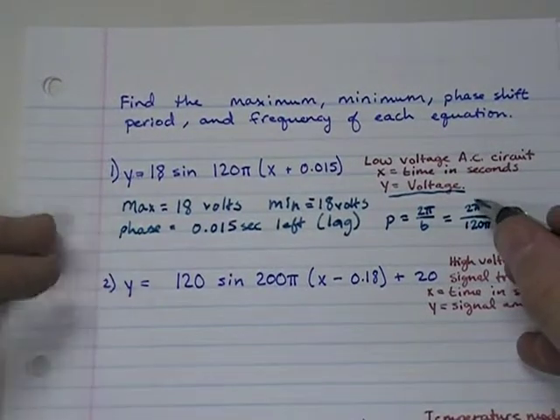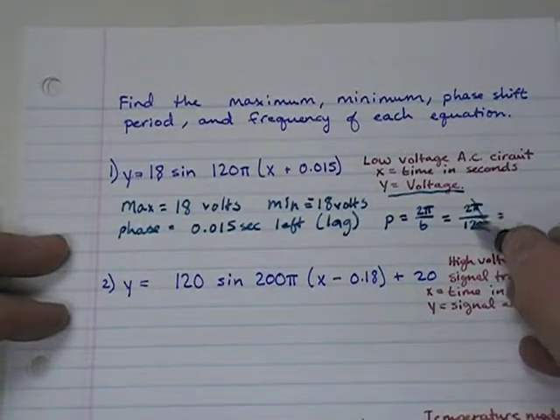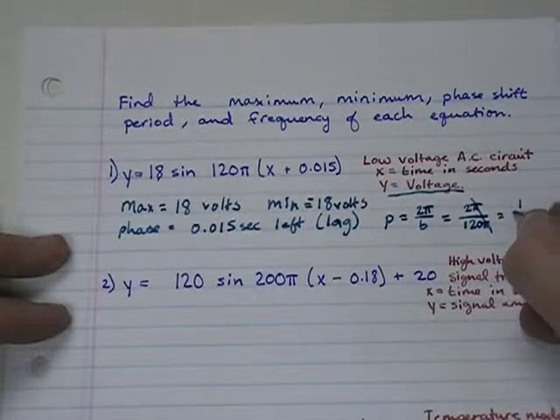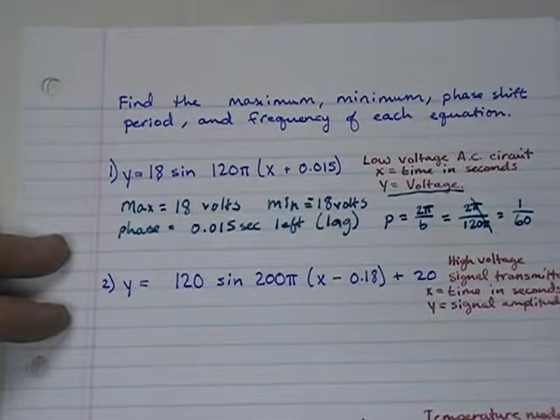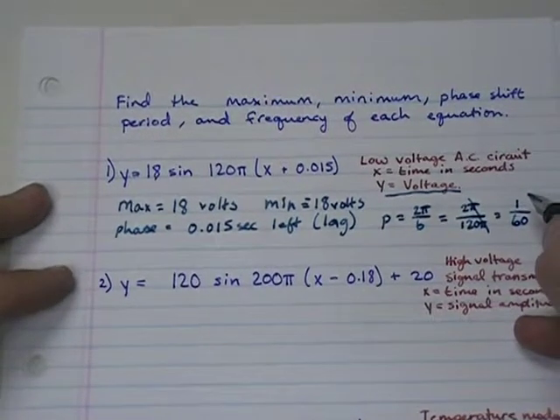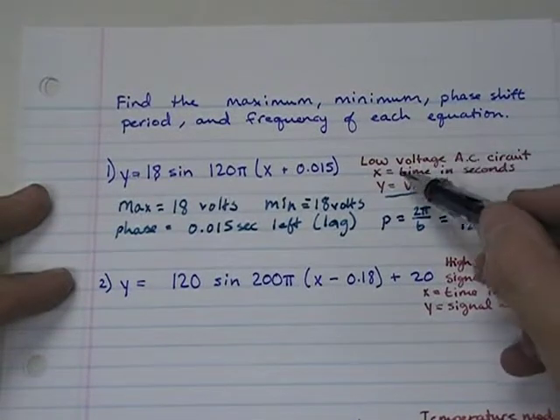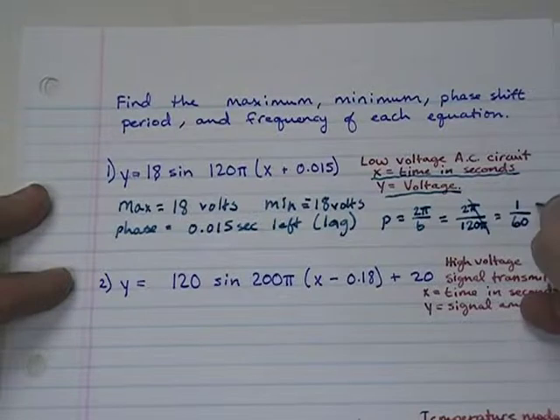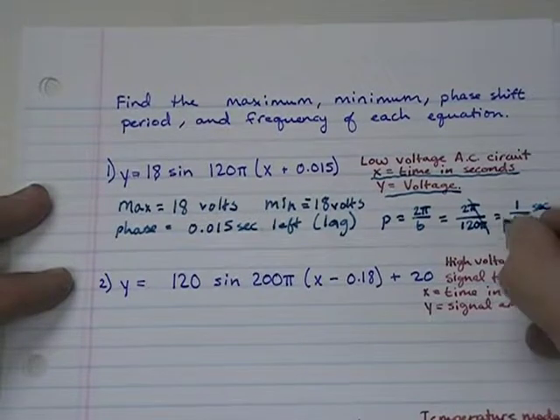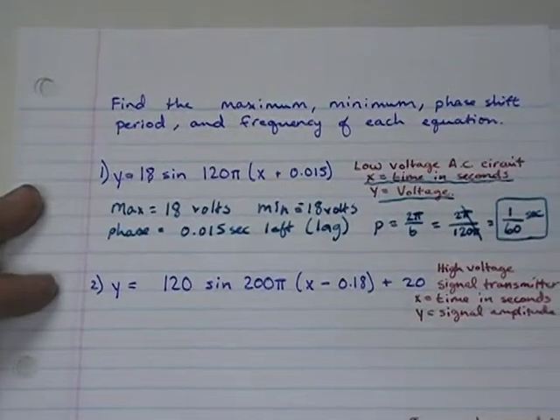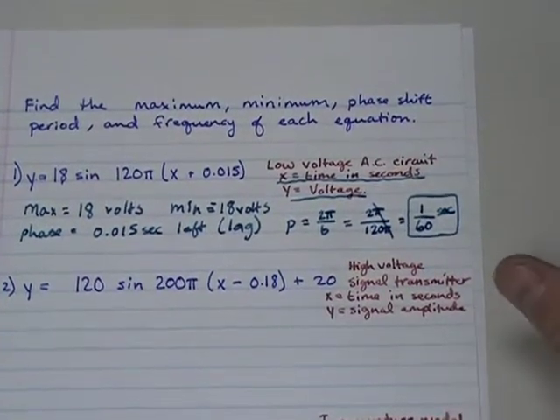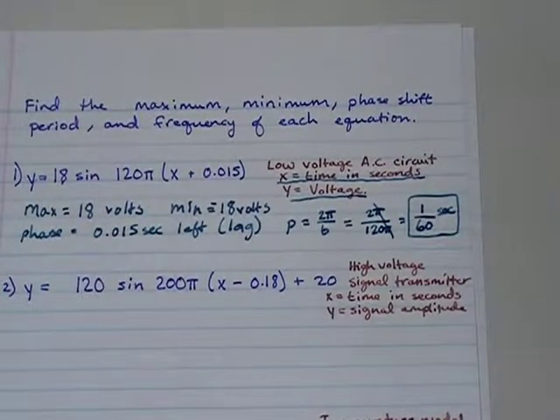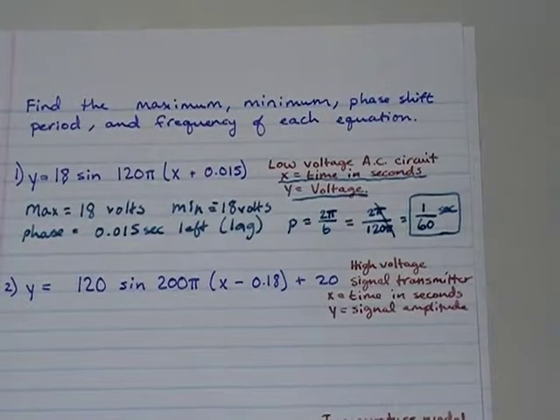And of course, pi over pi's cancel, and 2 over 120 is the same as 1 over 60. What this means, and the period is always going to be whatever the x-axis is measured in. So it's going to be in seconds. So the period of this function is 1 over 60 seconds. What that means is it takes 1/60th of a second to make one sine wave. Okay, that's what that means.